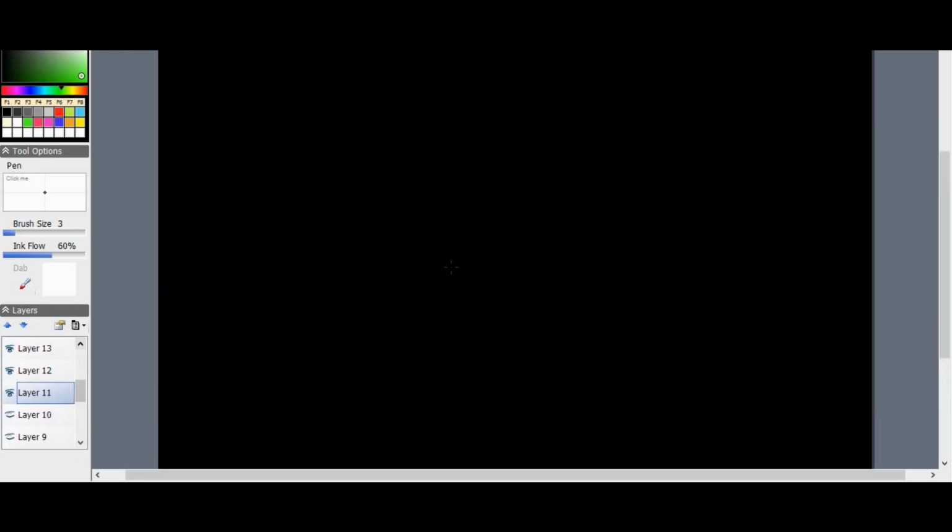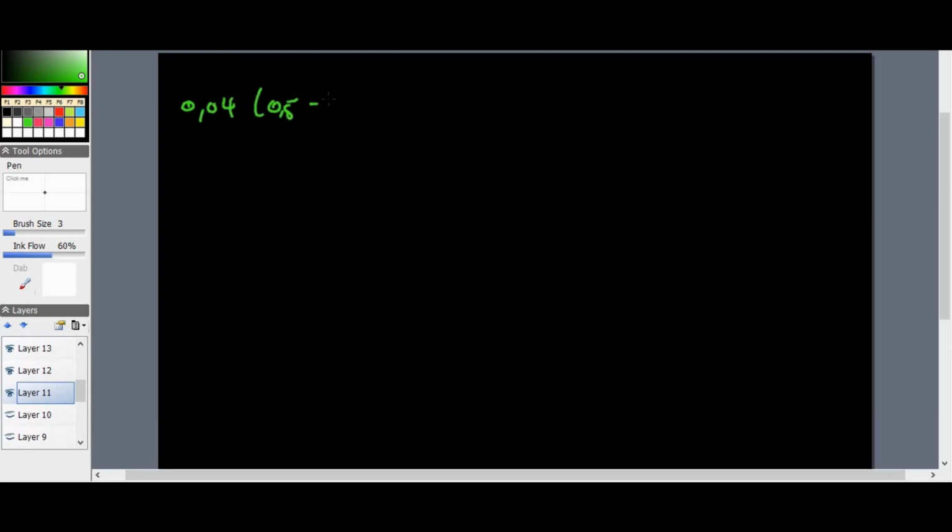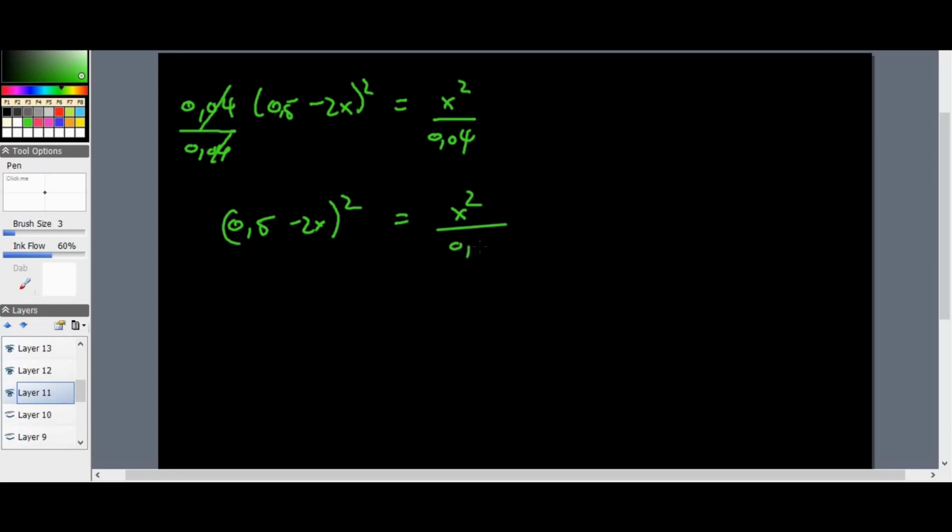So then we can have 0,04 multiplied by 0,5 minus 2x all squared is equal to just x squared. Now, to sort this side out first, we could just divide both sides by 0,04, and then we'll have 0,5 minus 2x all squared will equal x squared over 0,04.